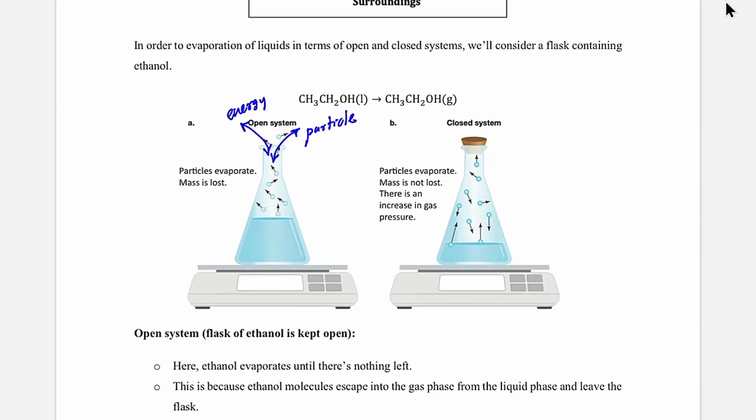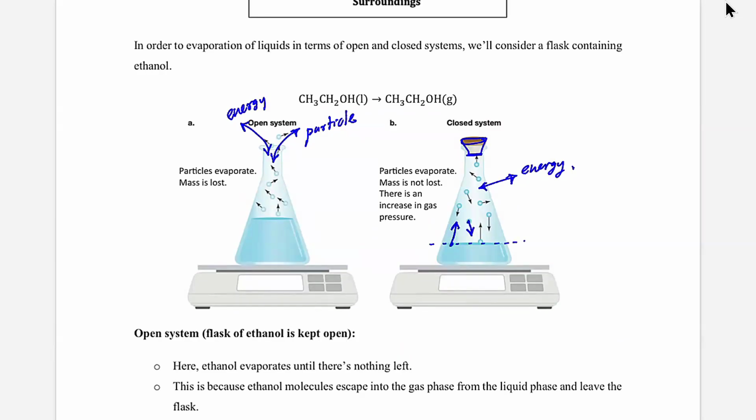In the closed system, energy can go in and out, but the particles can't, because of this barrier. These particles are trying to move up, and once they hit this surface, they come back and settle in here. So it comes to an equilibrium situation.